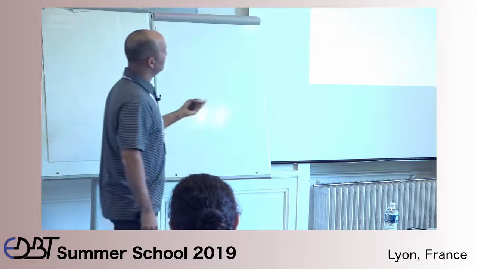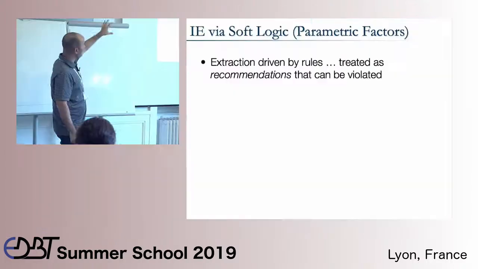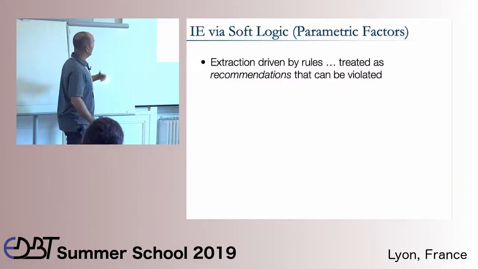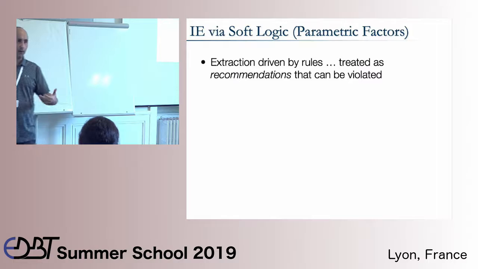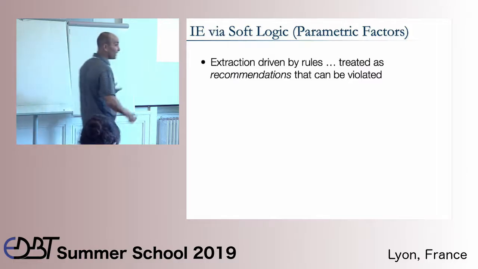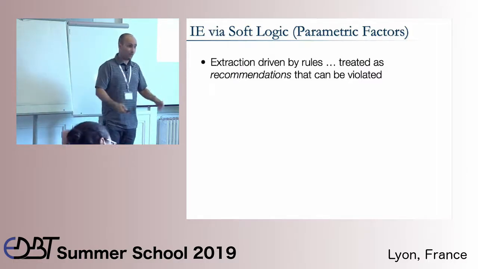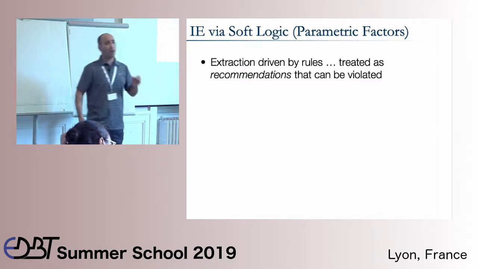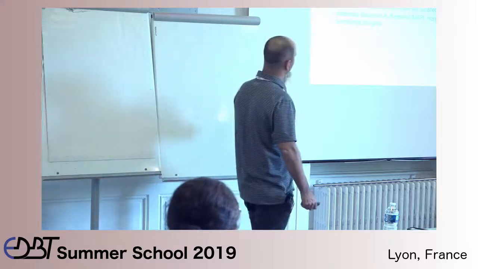There are several ideas of that, but all are basically based on the assumption that you extract information using rules, but you treat these rules kind of as recommendations. They can be violated. They can even contradict each other. That's fine. But you just need to be very specific on what is the semantics of what you do when some of the rules fire and some do not.